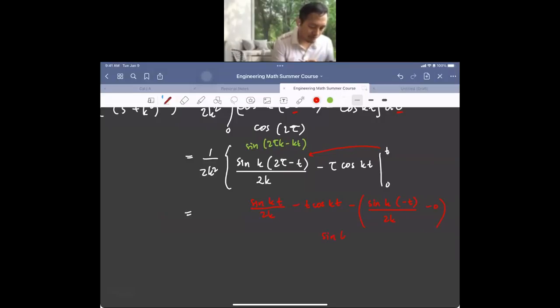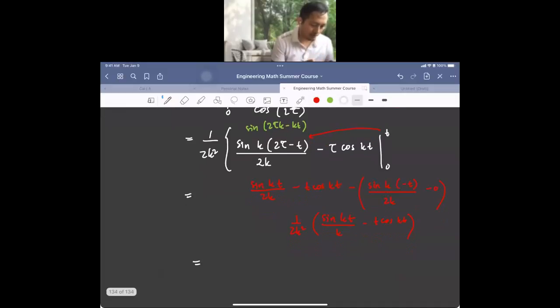So it becomes sine kt over 2k plus sine kt over 2k, right? So it will be canceling this. So we will just have sine kt over k minus t cos kt.